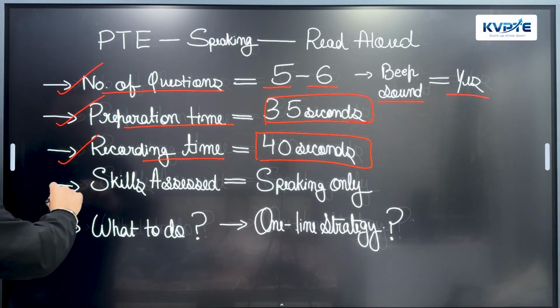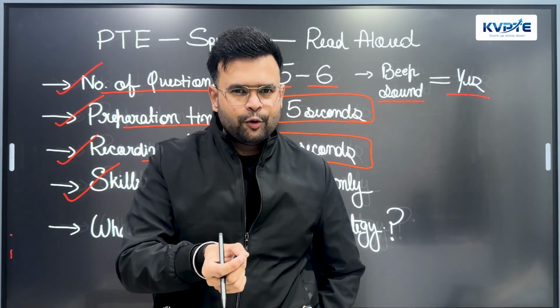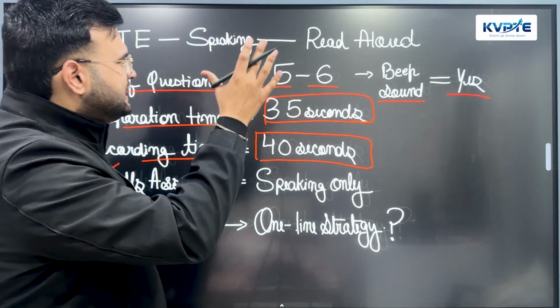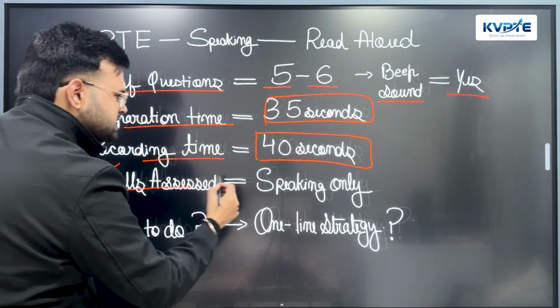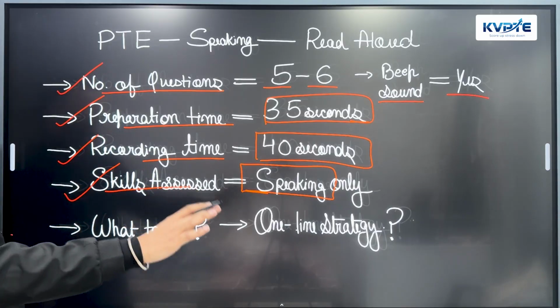Now what are the skills assessed? Skills assessed means which module the Read Aloud task gives marks to. PTE Read Alouds will give you marks to the Speaking module.